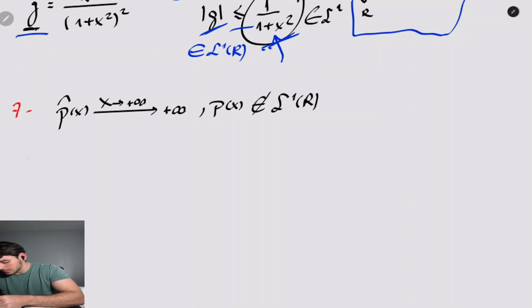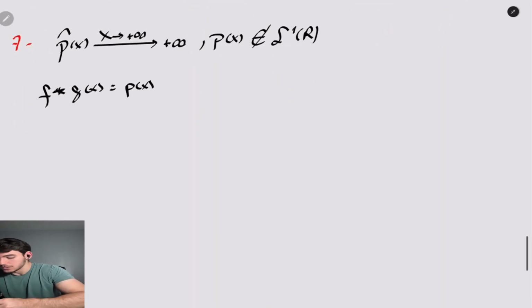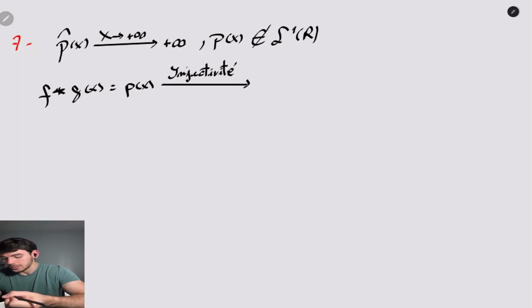let's do the work. So we have that the convolution product between f and g is equal to p. So since the Fourier transformation has the injectivity property, we can apply the Fourier transform on both sides of the equation.